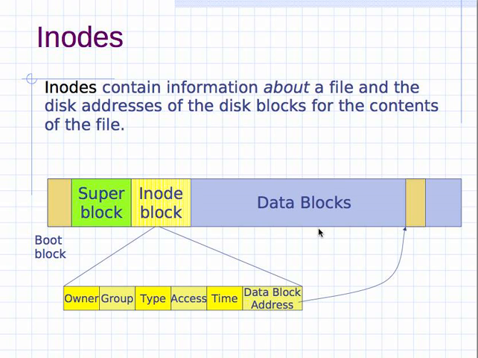The contents of the file will be in data blocks. So each file has some number of data blocks. They're all stored as data blocks. It's a pretty flat structure, but the hierarchical structure of directories comes about in the way they're stored in the actual directory entries, and we'll get into some of the details of this.